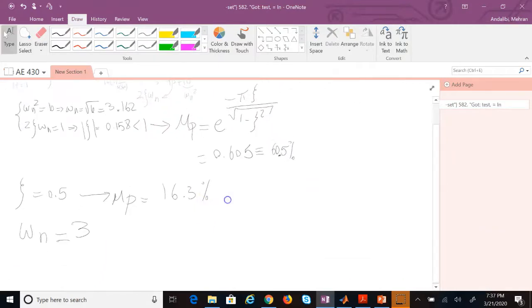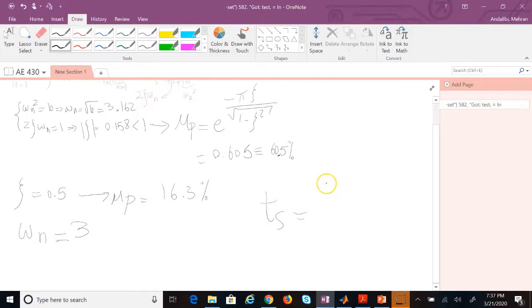Because the settling time, if you remember, Ts was what? 4 or 5, depending on the criteria used. If you use 5%, it was 4 over sigma, and sigma was zeta omega n. So if I make omega n smaller, it makes the settling time bigger, and that's not a good idea.